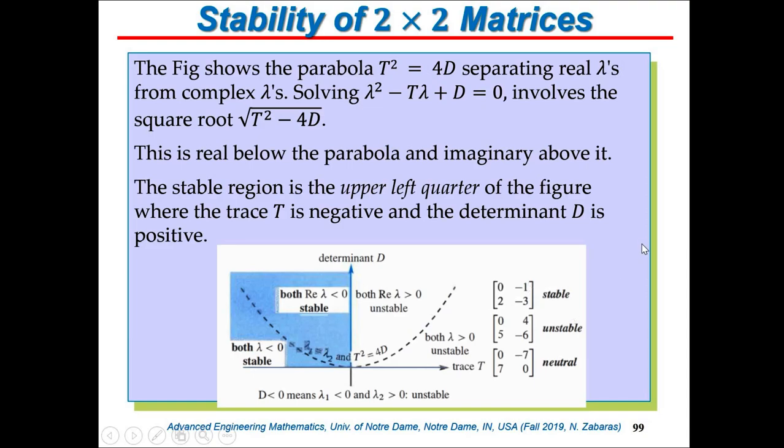It's positive, all right? So the trace is negative, and the determinant is positive, so this is a stable situation. In this case here, the trace is negative, but if you compute the determinant, you get a negative determinant, so this is unstable, and this is a case of a neutral situation.